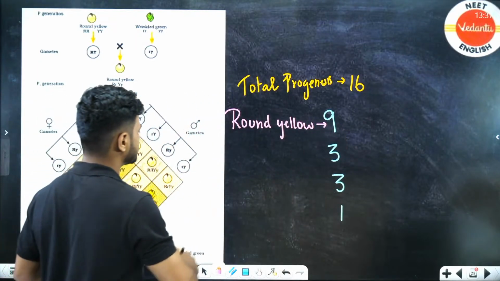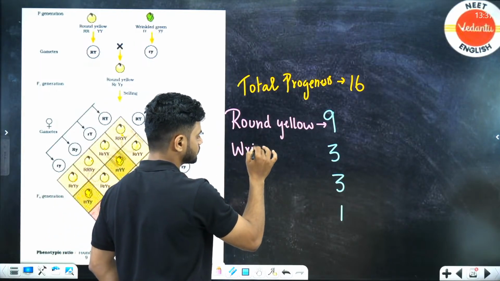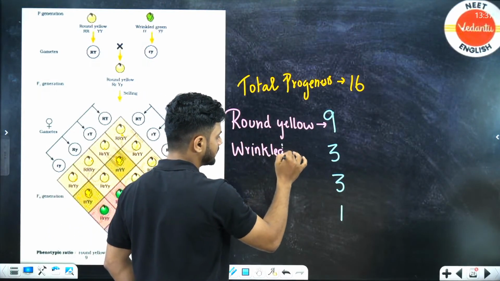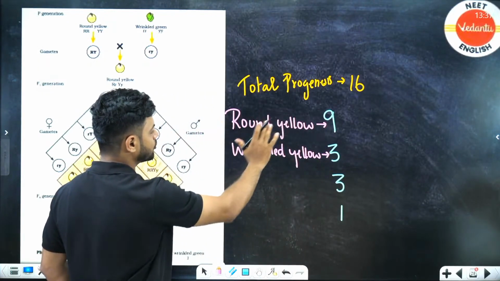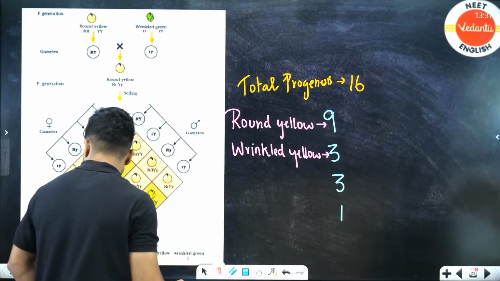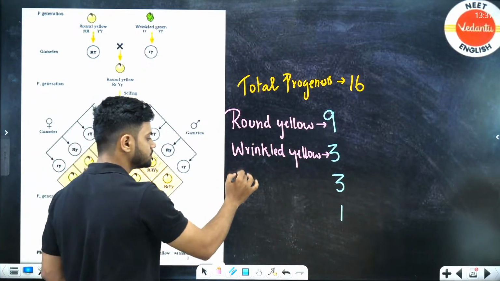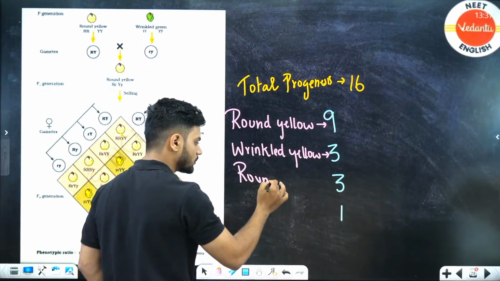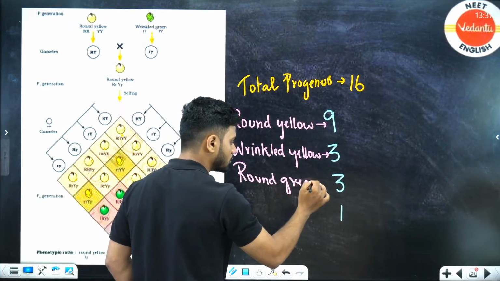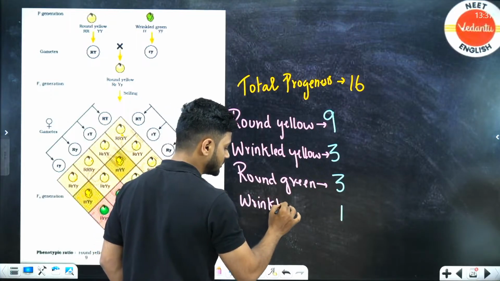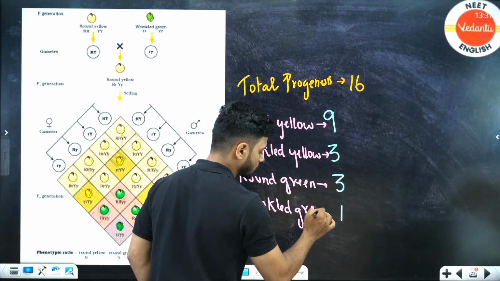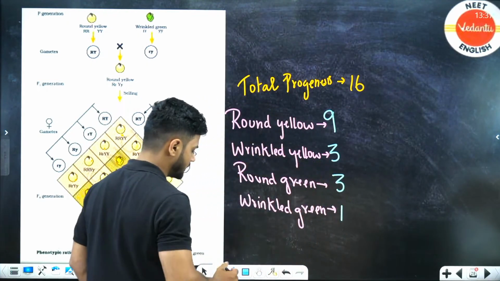Wrinkled yellow is going to be 3. Round yellow, wrinkled yellow. Now round green, and the last one is going to be wrinkled and green.